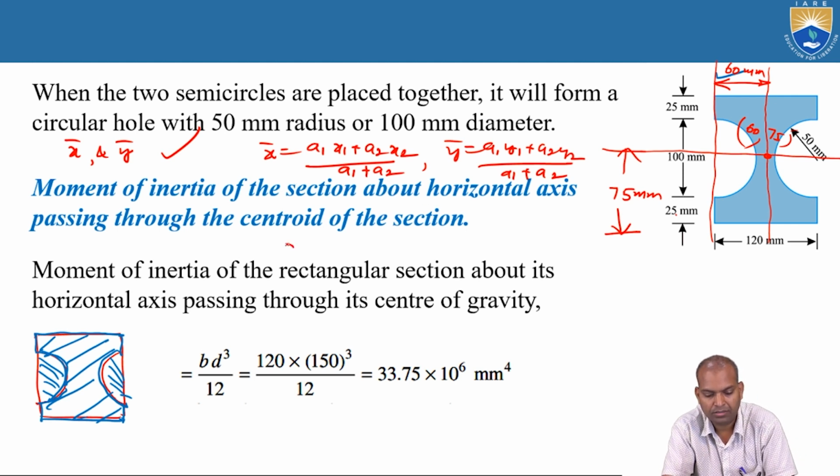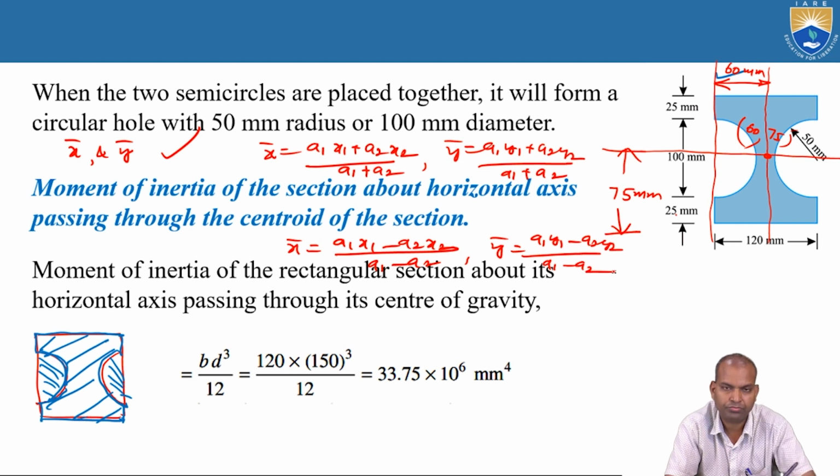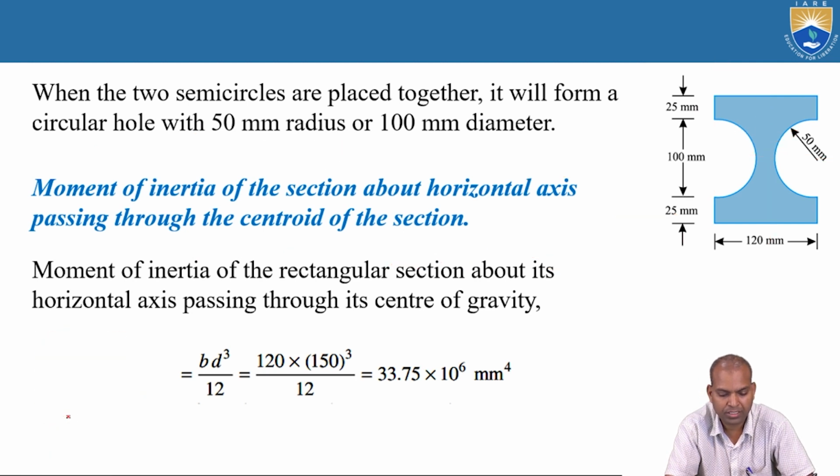But for this hollow section, bar x is a1 x1 minus a2 x2 by a1 minus a2, and bar y equal to a1 y1 minus a2 y2 by a1 minus a2. Here the centroid is directly found, as the section is symmetrical about both axes. For such sections, how do we find the moment of inertia?